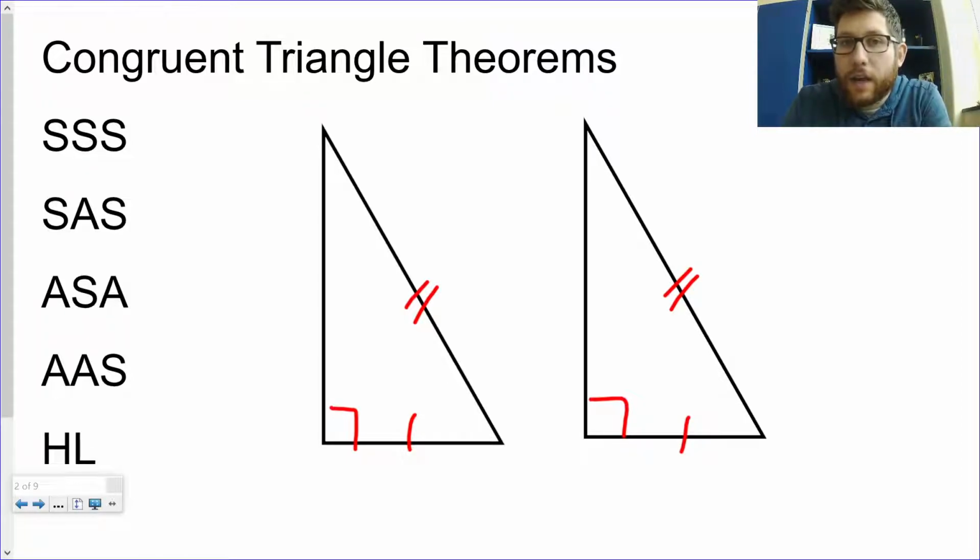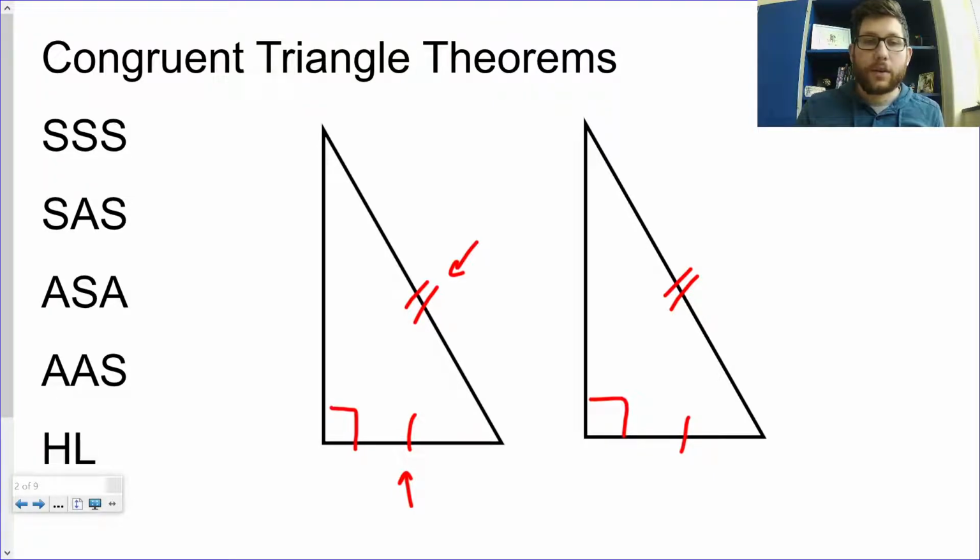So in right triangles with a right angle, angle, side, side does work, but we don't call it angle, side, side, we call it HL, okay? For a hypotenuse, which would be this side here, and then one of the legs, which would be that one there, okay? So those are your 5 different ways we can identify if triangles are congruent or not.